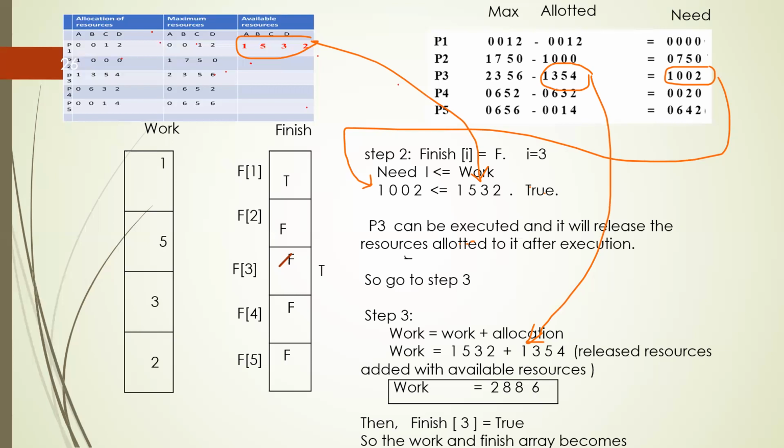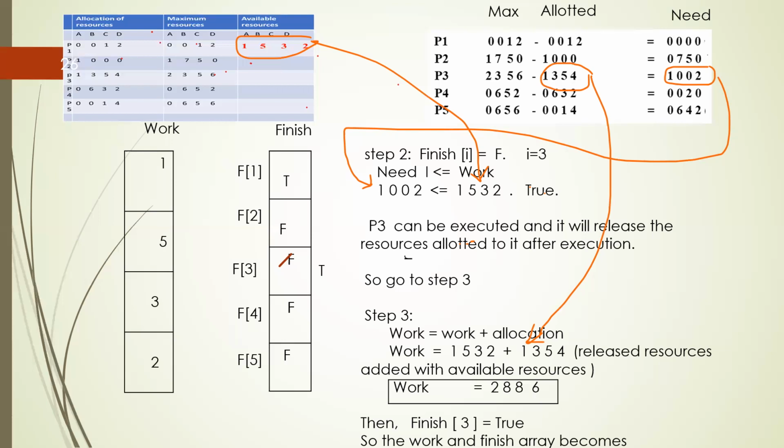So go to step 3. What is step 3? Work equal to work plus allocation. What's the latest work now? The latest work is 1532. How many resources are allotted to process P3? 1354. Add work plus allocation. Now the work becomes 2886.